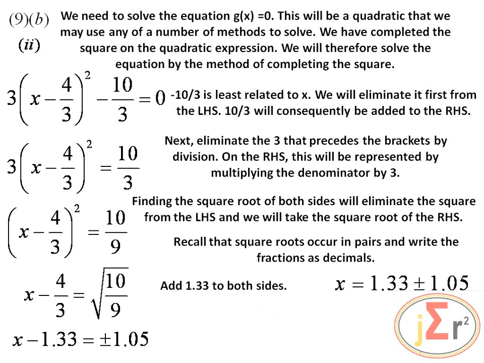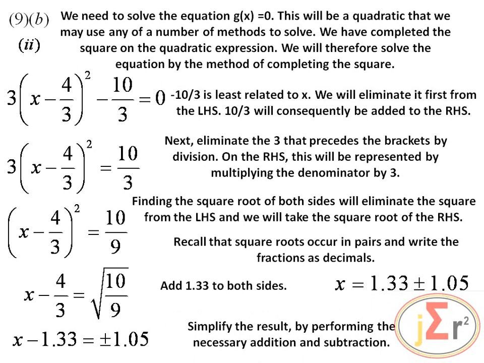Then we will do the necessary simplification. 1.33 plus 1.05 is 2.38, and 1.33 minus 1.05 is 0.28. And as we move merrily along, the solution will get to be more enjoyable, no doubt.